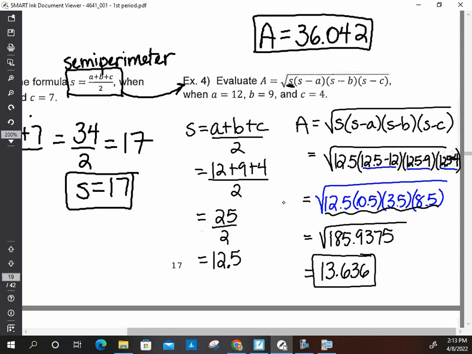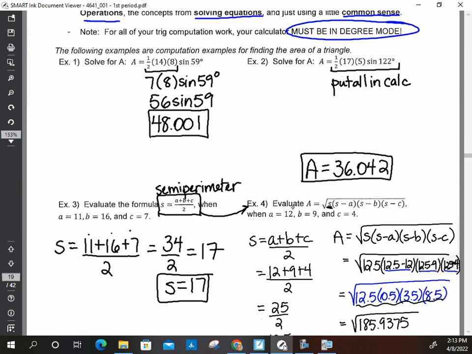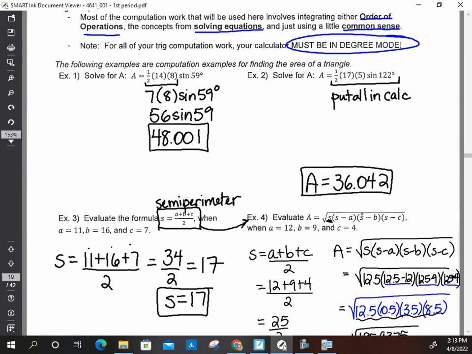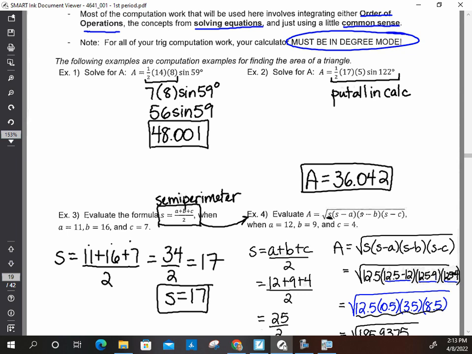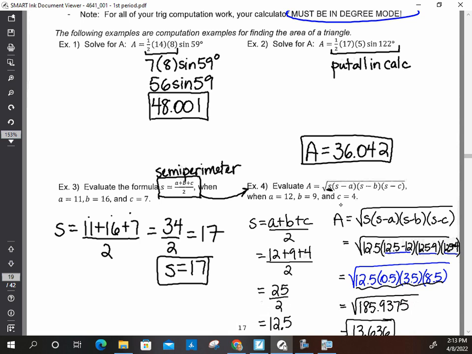So for the first half of what we're working with, examples 1, 2, 3, and 4 are all associated with area. If we're finding the area of a triangle, which we will do a full lesson on, however, if you know how to do these computations, then you'll be in excellent shape.